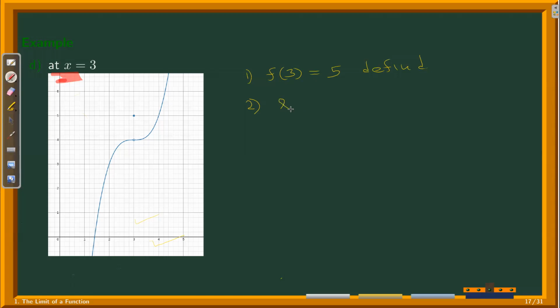Is equal to 4. You have to show that you checked for these.